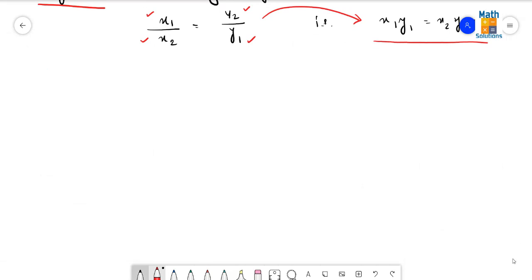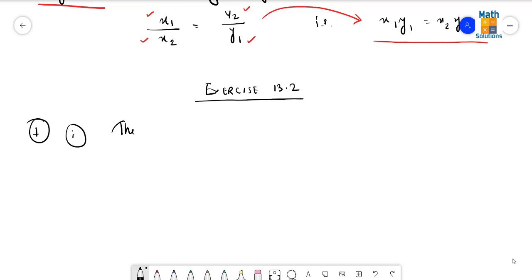So here goes exercise 13.2. The first question says, which of the following are in inverse proportion? Number 1, the number of workers on a job and the time to complete the job.